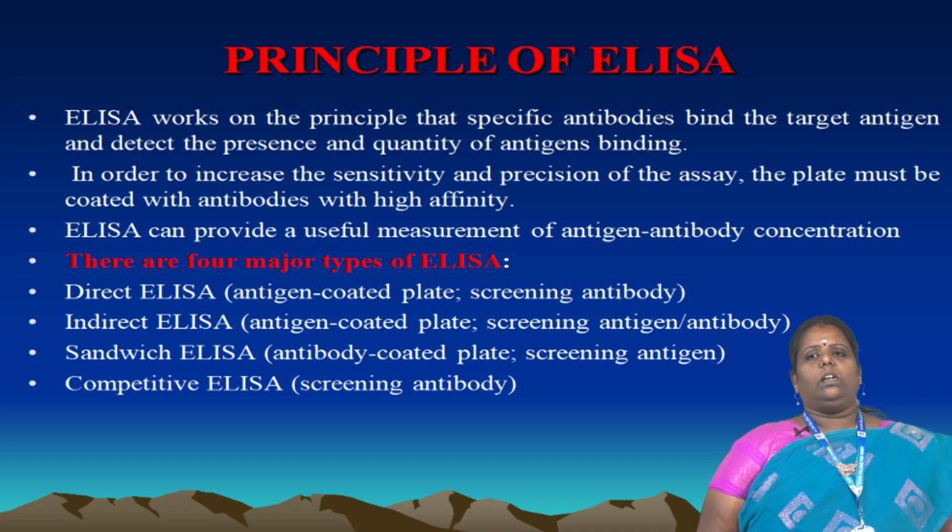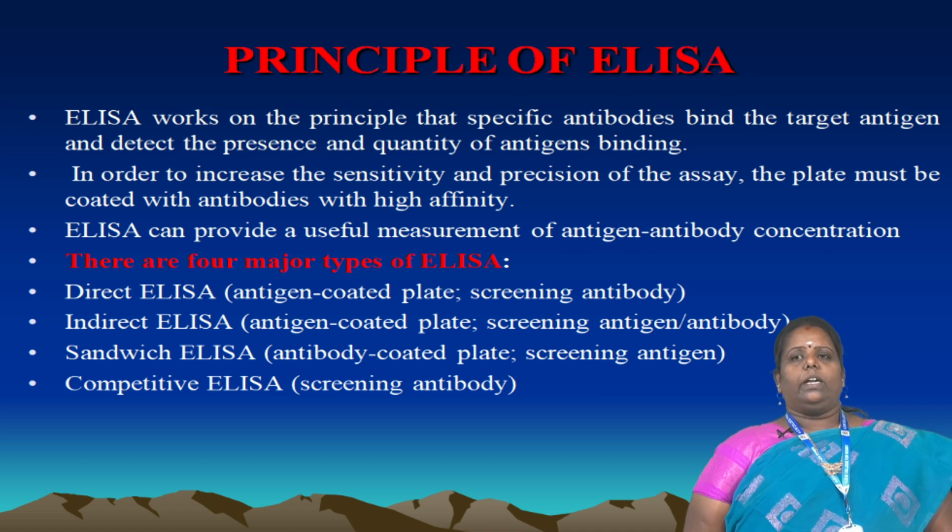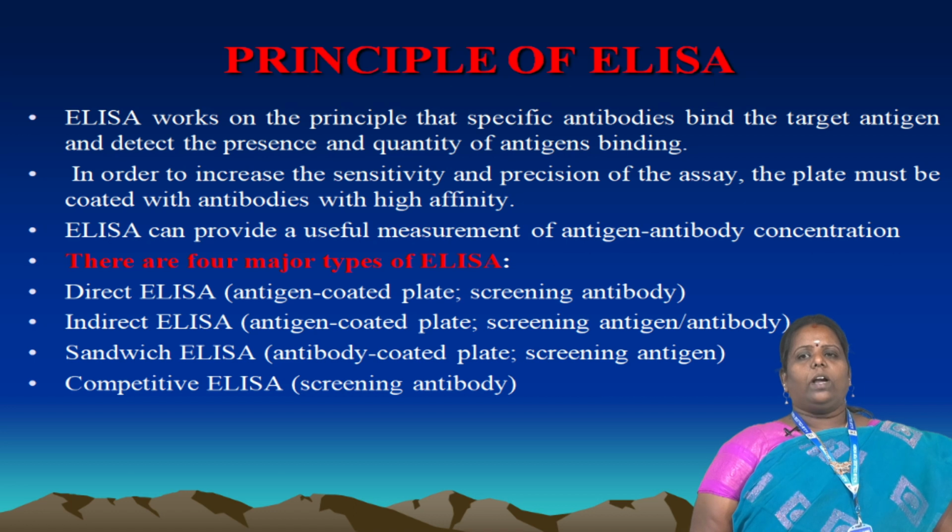In the indirect method, the antigen is coated and both antigen and antibody are screened. In the sandwich ELISA method, the antibody is coated, not the antigen, and the antigen is screened. In the competitive ELISA method, the antibody is screened. After that, we identify the result in the ELISA method.